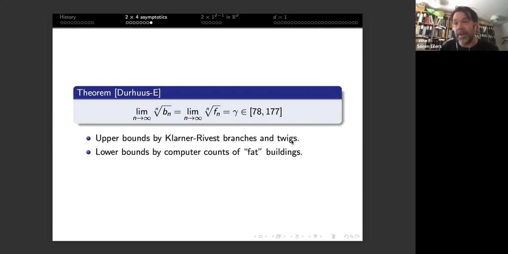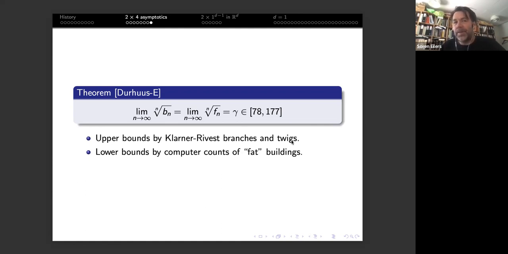Rivest is the R of RSA, a very famous mathematician and computer scientist, and Klarner is the guy who started the study of these polyominoes that I'll come back to. So we could use a combination of math and computers. We can get it down to this, but of course it's not a very good estimate.